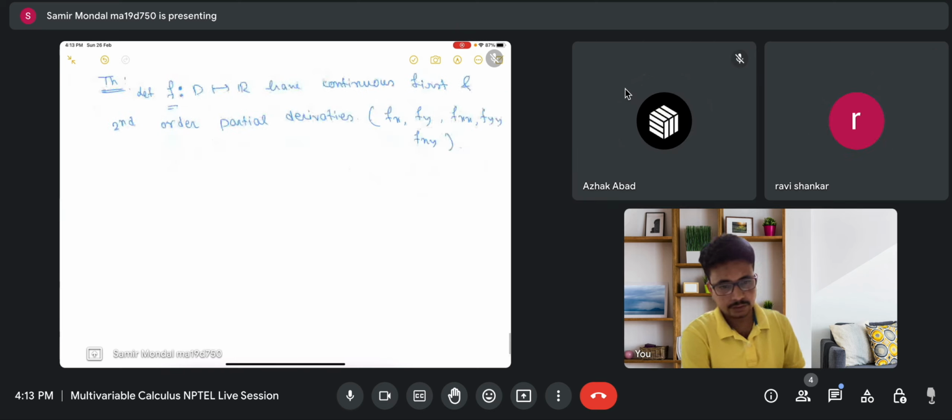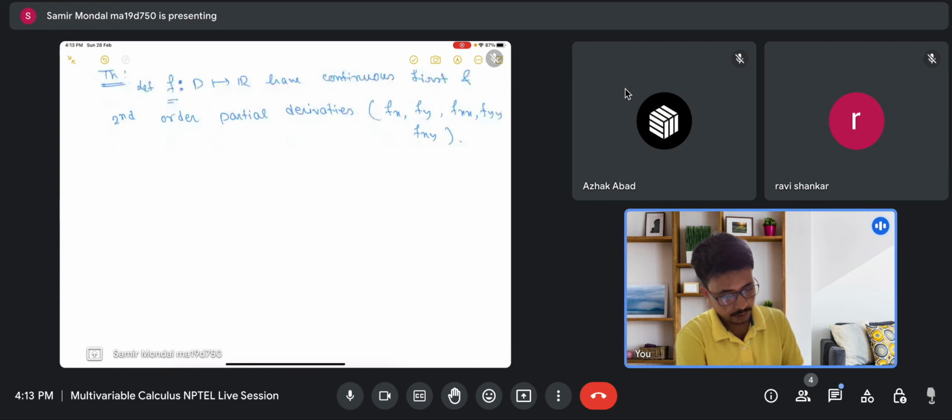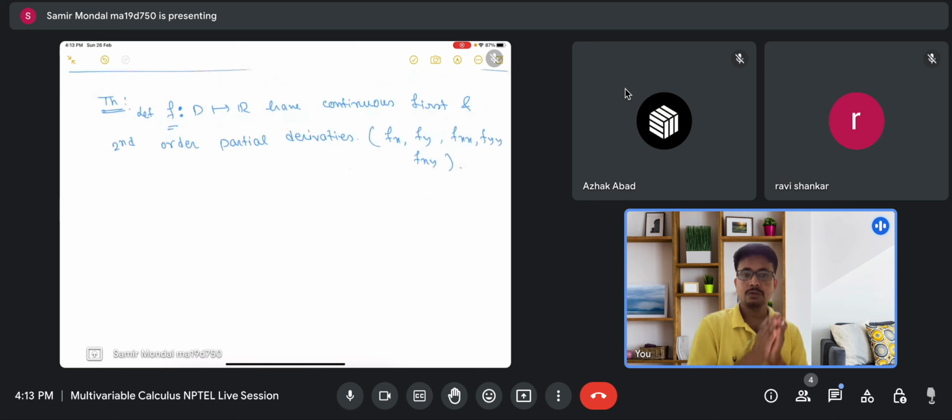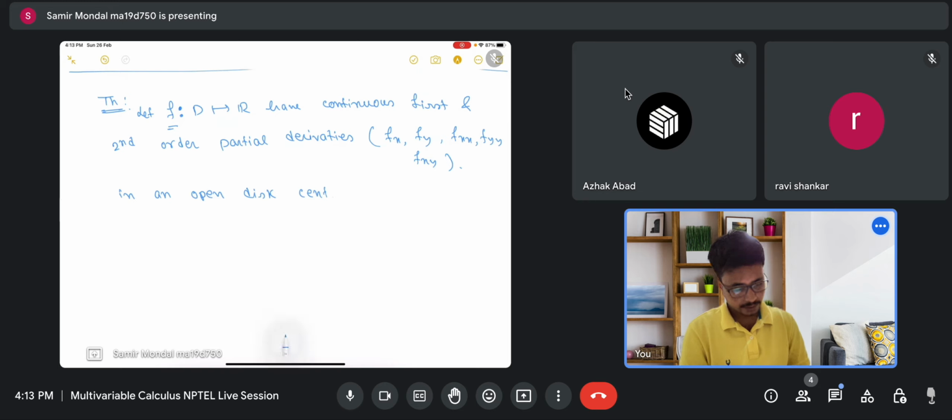Also, because we are looking for local extrema, and the points of local extrema are a subset of critical points, we are assuming that the second order partial derivatives exist in an open disk centered at AB, which belongs to D. So what is this AB?